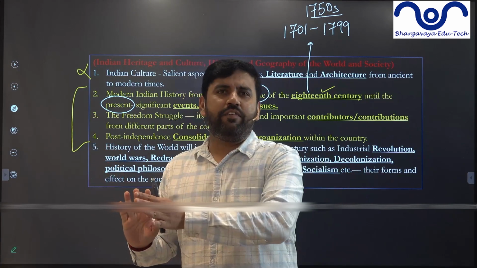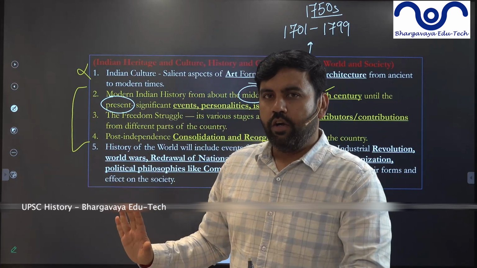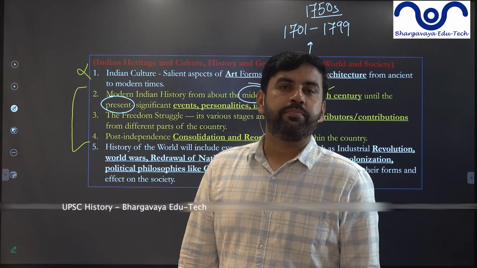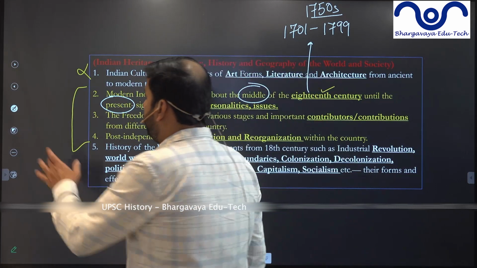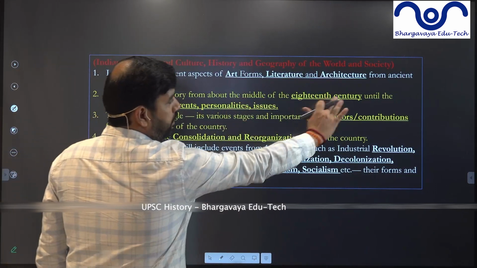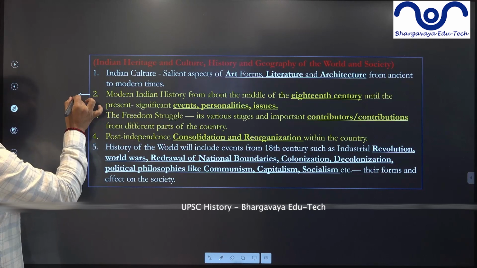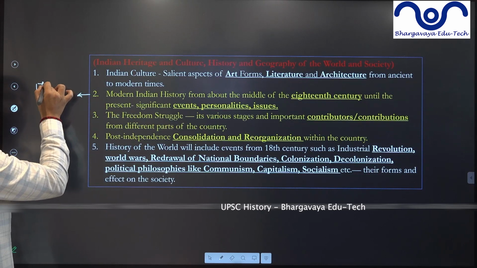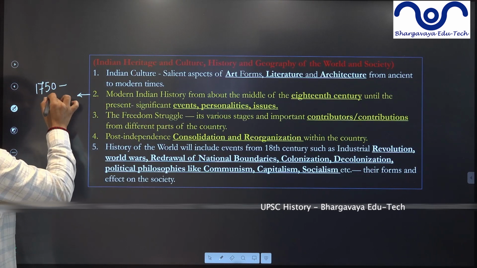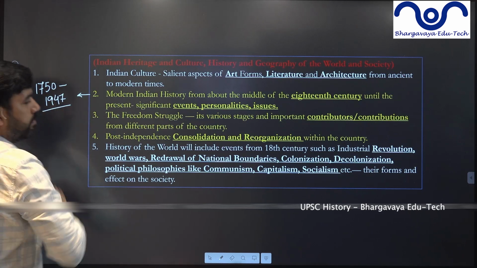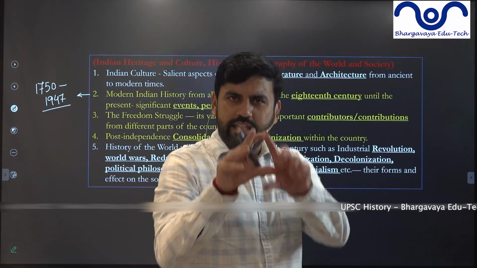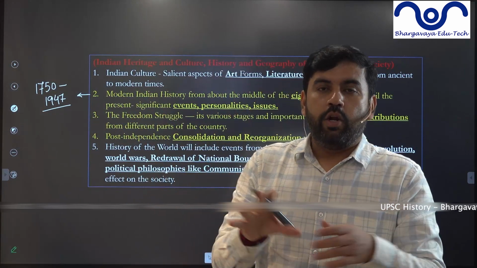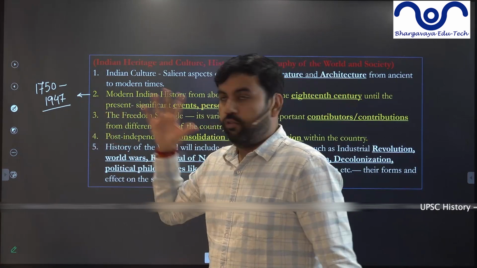So the last 75 years of history is not part of this section. So basically, this second part of your syllabus is between 1750 to 1947. That's the duration. That's the period, right? Now this period is your guiding force.